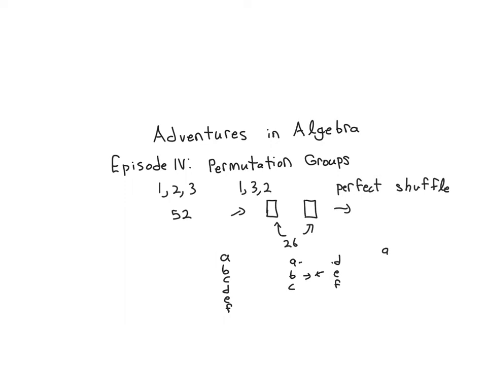So it should go A, then D, then B, then E, then C, then F. This is, in fact, a well-defined operation. This is what happens when you're shuffling cards the standard way. If the bottom card on this side falls first, then the bottom card on this side, and then they alternate in a perfect pattern.